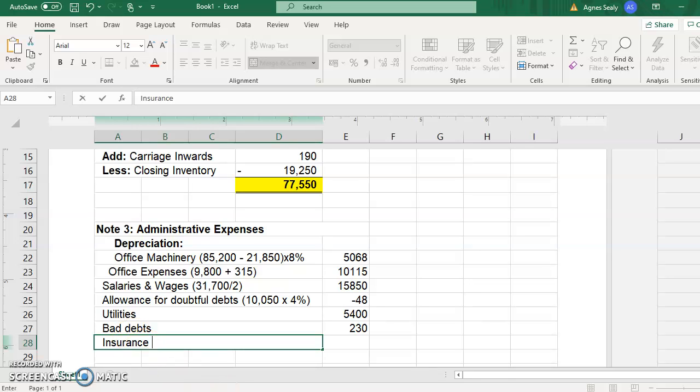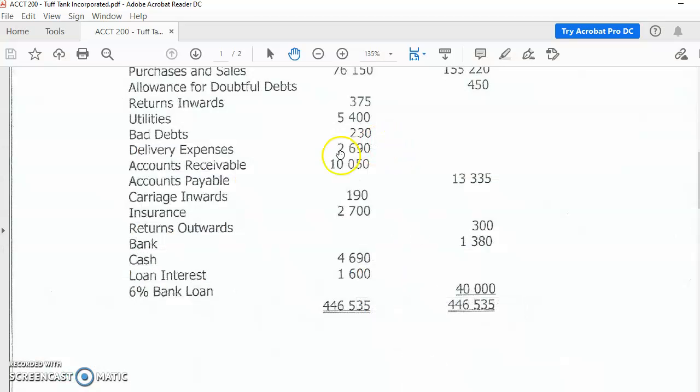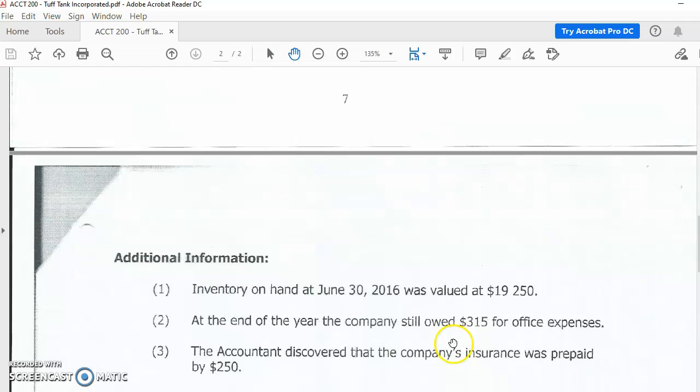And then we have our insurance. Let's look at our insurance. The question shows us that insurance is $2,700. But the additional information states that the accountant, number 3, discovered that the company insurance was prepaid by $250. So that's for a future accounting period. So we need to remove this.